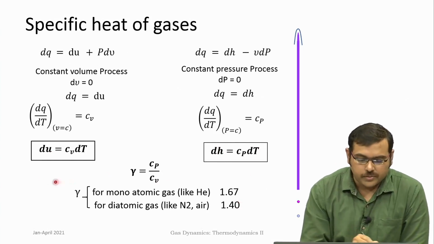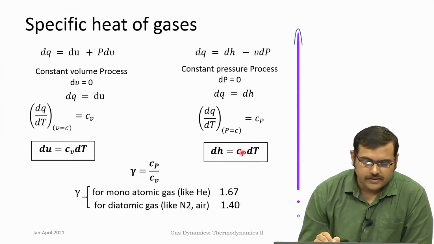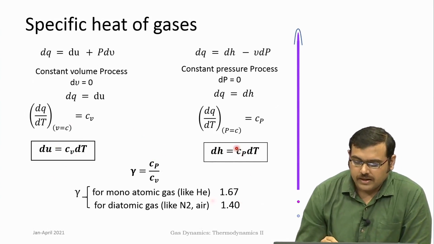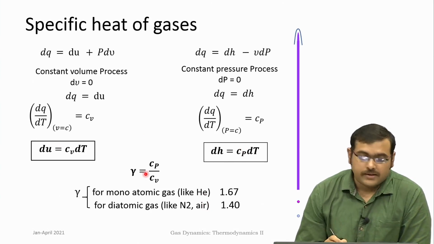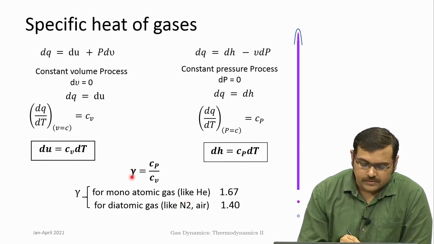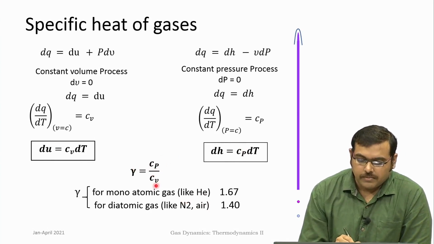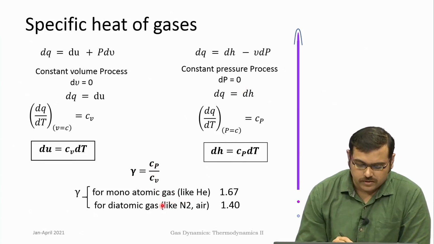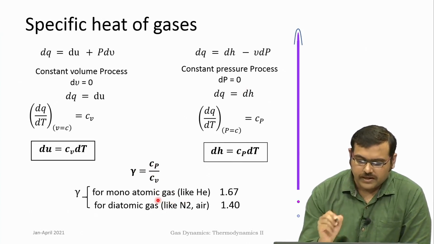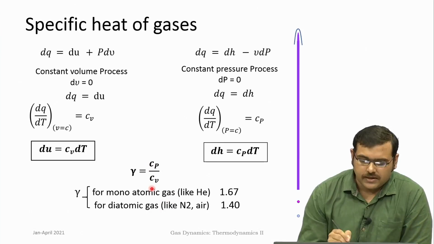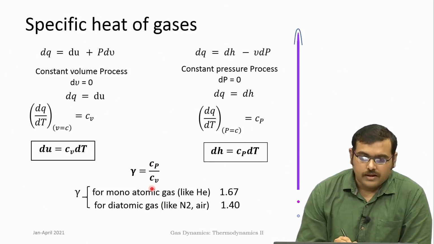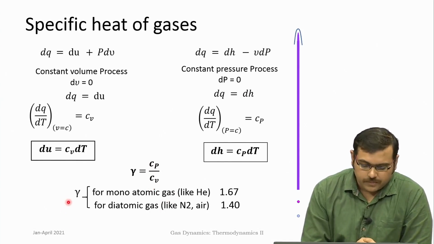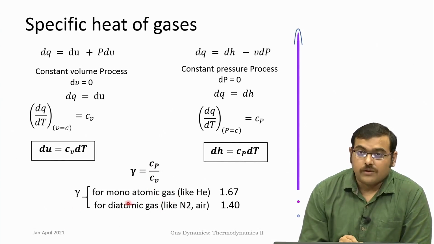So now these provide you means to calculate the internal energy and enthalpy of the gas under consideration. Another important parameter that comes from here is the ratio of specific heats gamma, which is Cp by Cv, the ratio of the specific heat at constant pressure to the specific heat at constant volume, and the value of gamma depends on the type of gas.